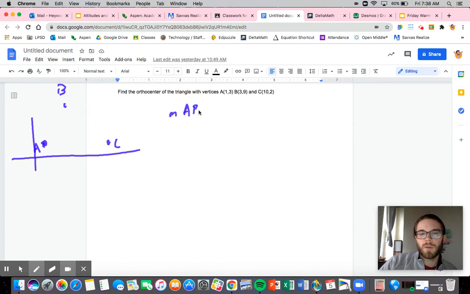Let's look at the slope of AB. The change in y would be 9 minus 3, which is 6, over 3 minus 1, which is 2. So that would be 3. The slope of AC would be 2 minus 3, which is negative 1, over 10 minus 1, which is 9.